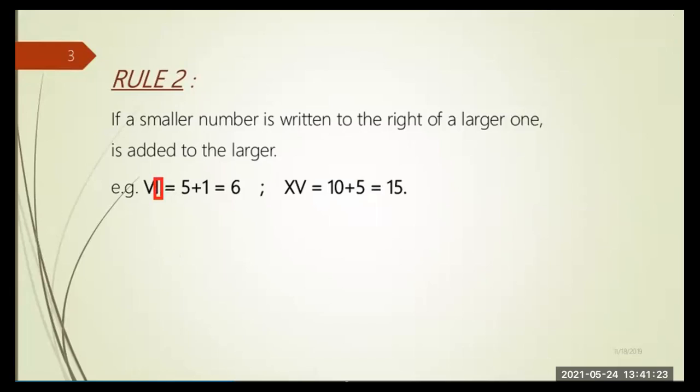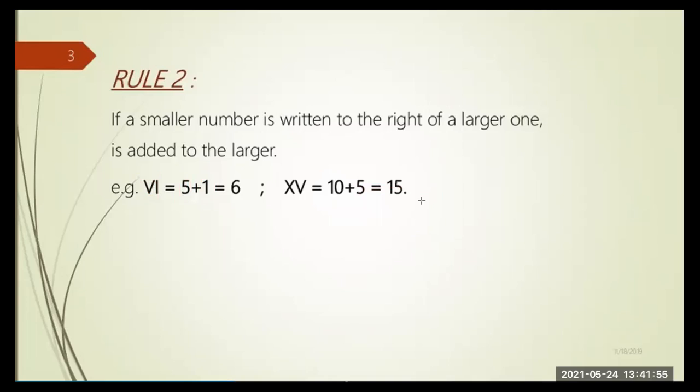So if that smaller one is written on the right side of the greater number, always it will be added to the larger number. So here you can see V, we know that V value is 5 and I value is 1, and after that both are added, and our result, we know that 5 plus 1 is 6.